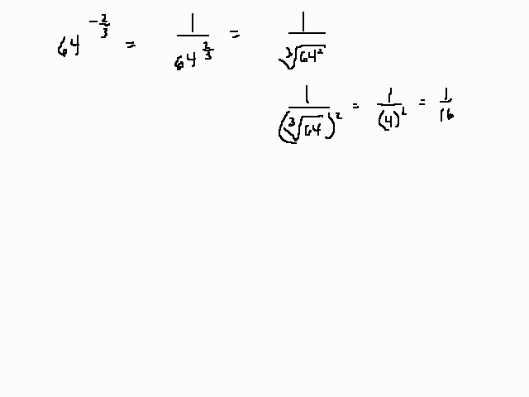Let me try one more. Now this one could get you. -9 in parentheses raised to the 3/2 power could be written as the square root of -9 in parentheses cubed. Now notice what kind of number this is going to be here.